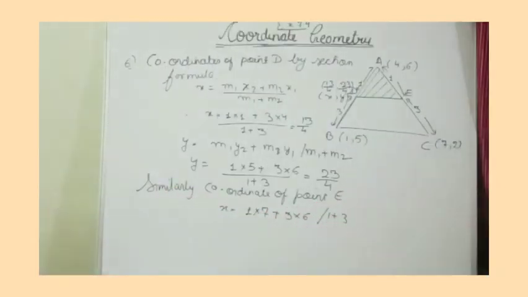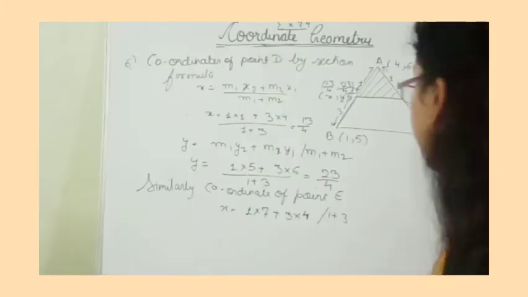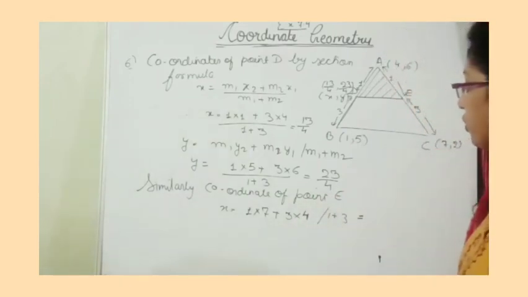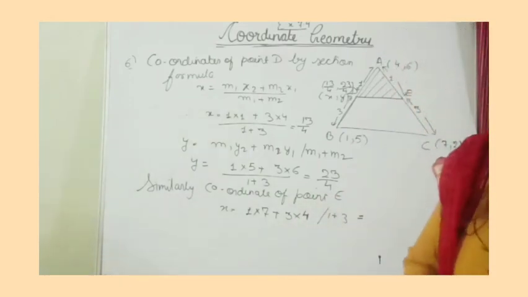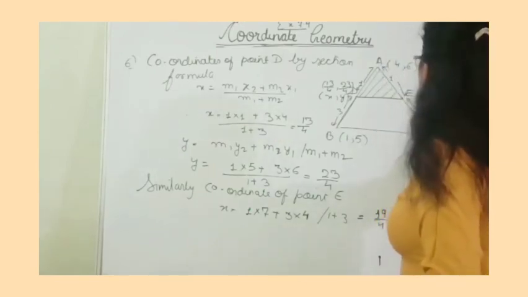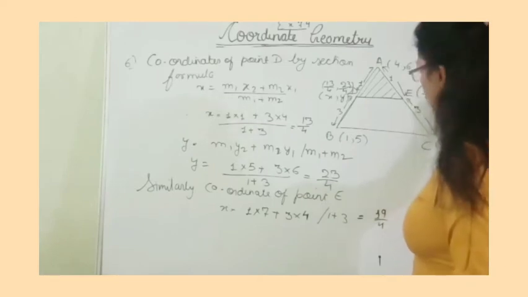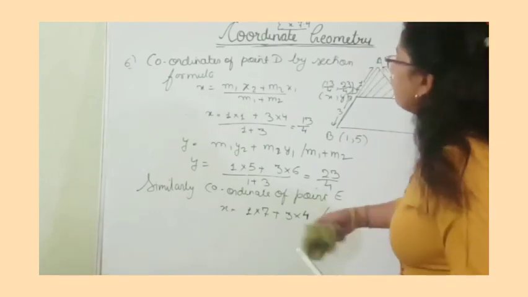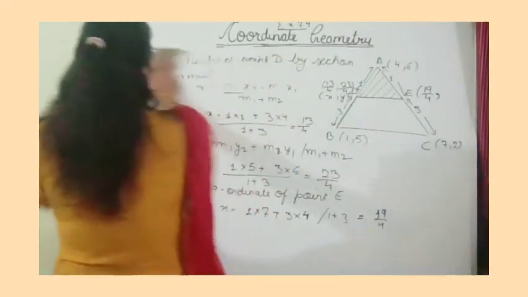So let us calculate this one. So the x coordinate is, what you will get? 1 7 is 7 plus 4 is 12, 12 plus 7 is 19. So 19 upon 4. So this will be our x coordinate of this one. Okay. So now same way we can find the y coordinate. So what is the y coordinate? Let us see.